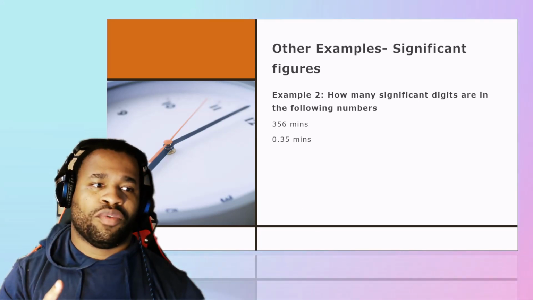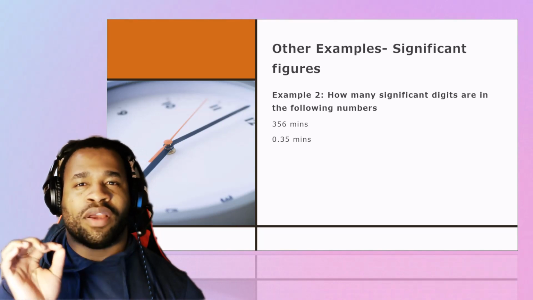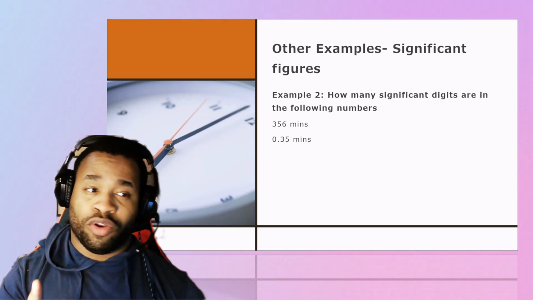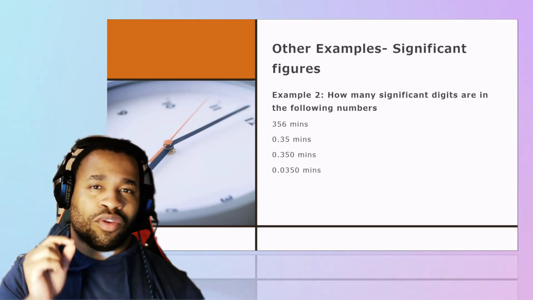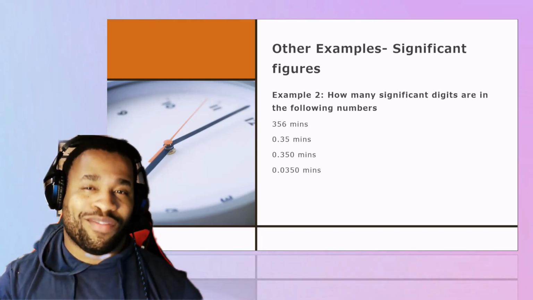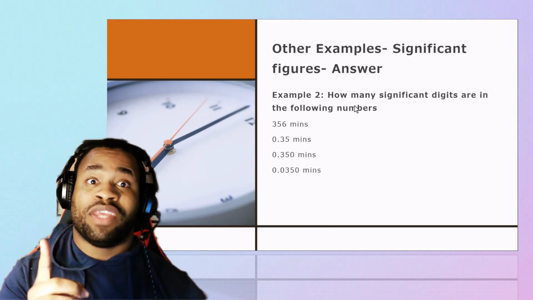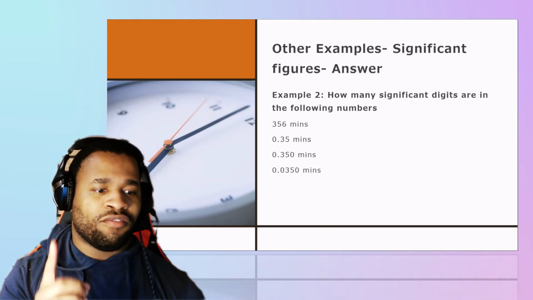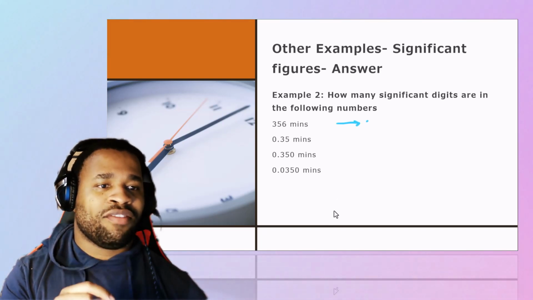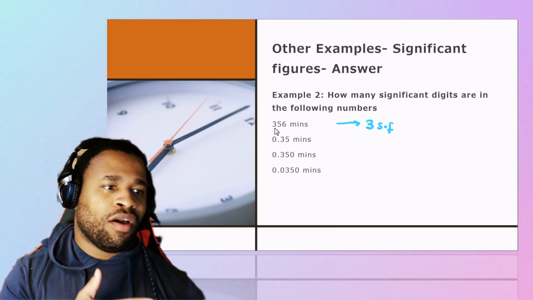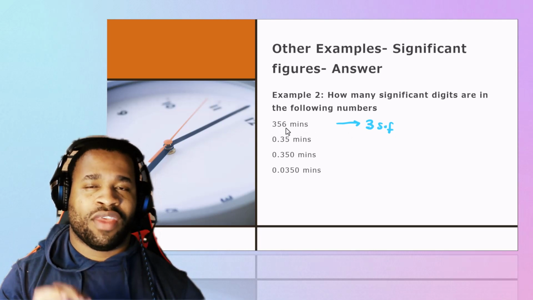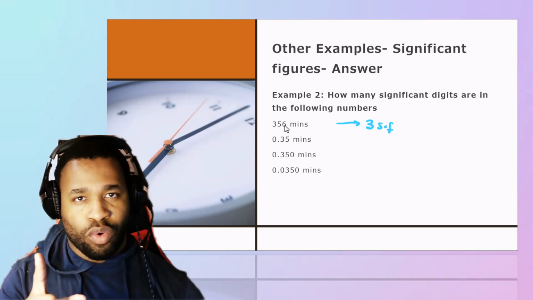Next we're going to look at 0.35 minutes, then 0.350 minutes, and next 0.0350 minutes. When it comes to the answer, for the first question, the answer is 3 significant figures, because all these numbers are non-zeros and this is a whole number.